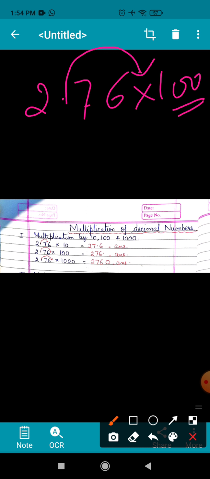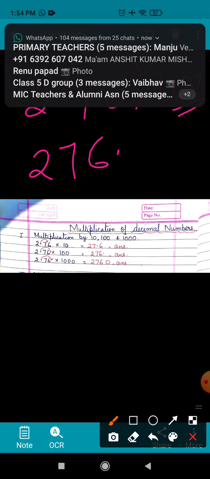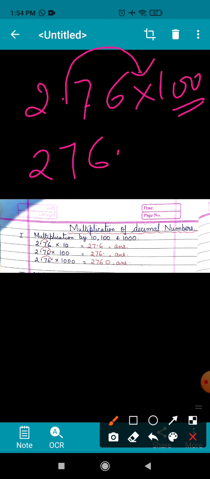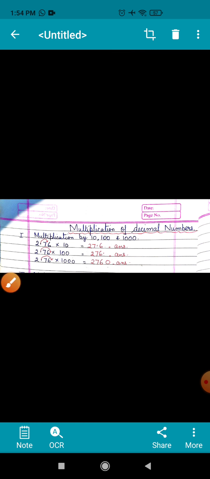Okay, so what will the answer be? 276 and decimal. But children, remember that to the extreme right we never write decimal. What we will write is simply 276.